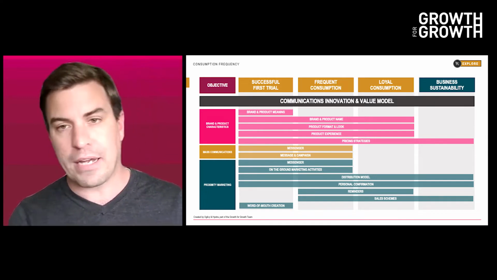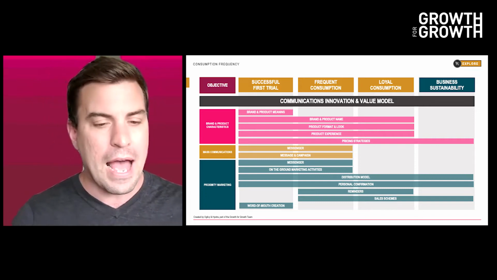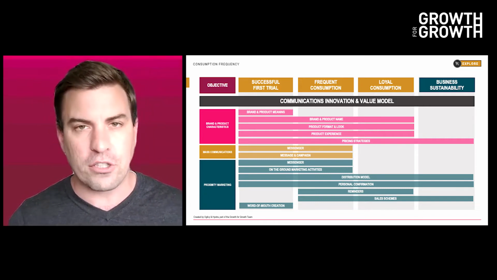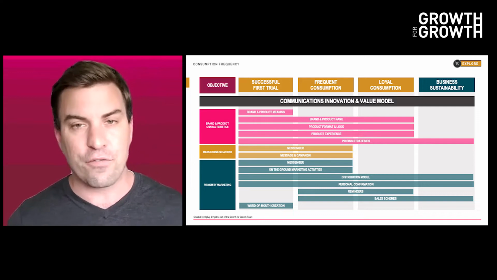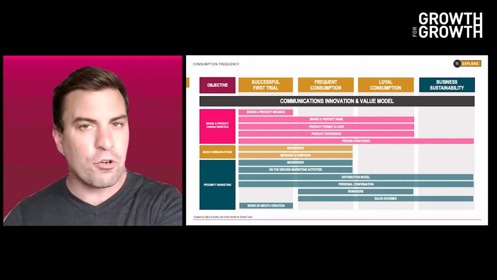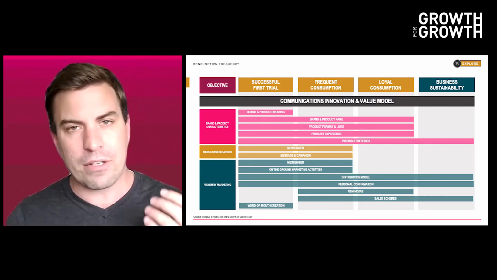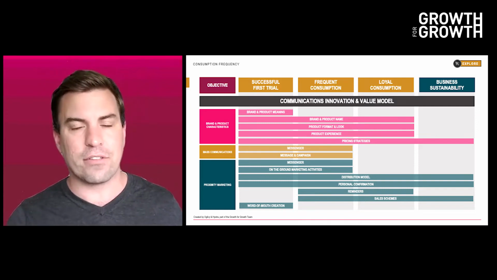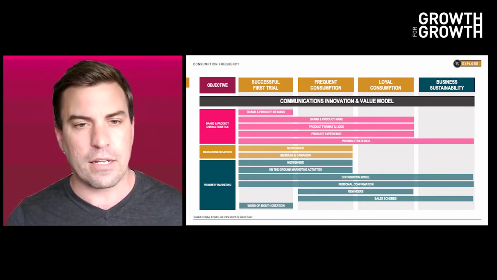Sales schemes that can help again to drive consumption over time. And finally, word of mouth creation that really can be useful in stimulating this first trial for us. So we'll explore each of these areas in more detail, how we can action this in the tactical areas of our journeys together.